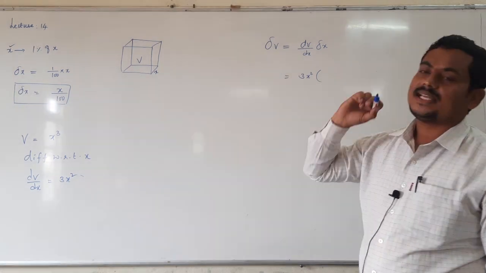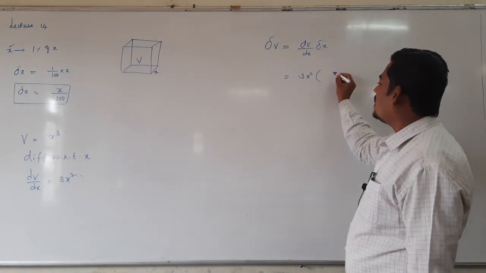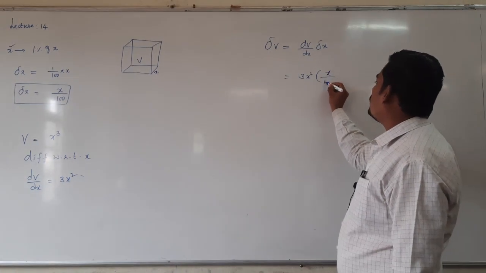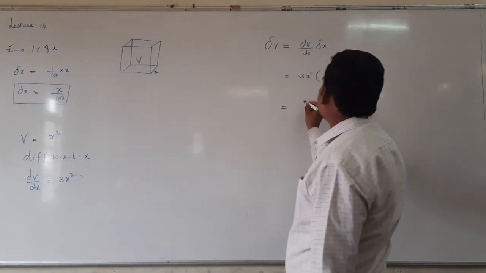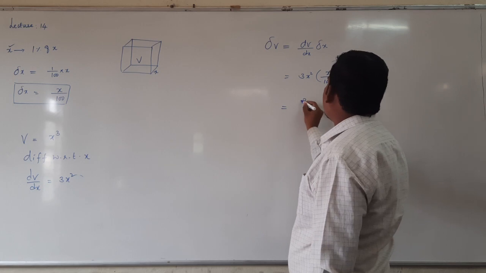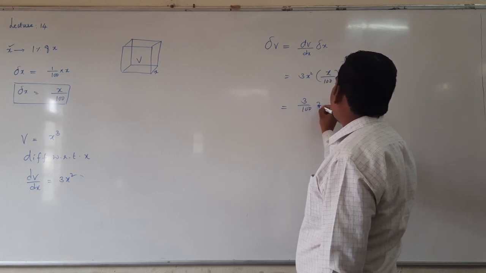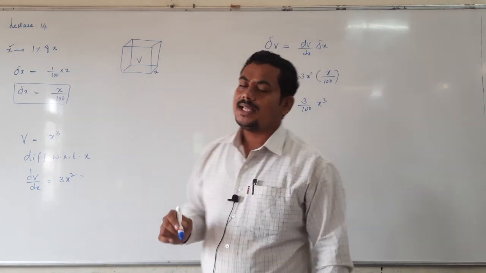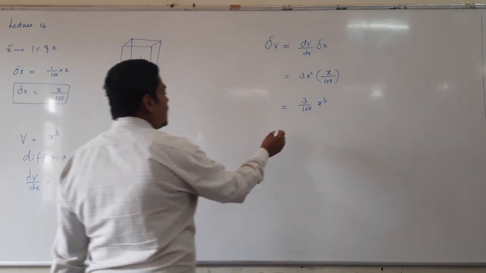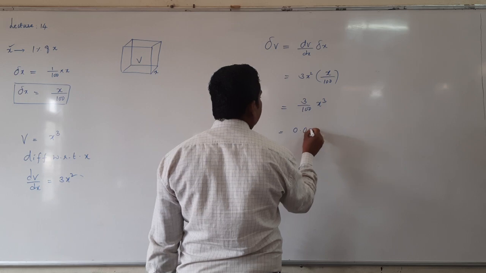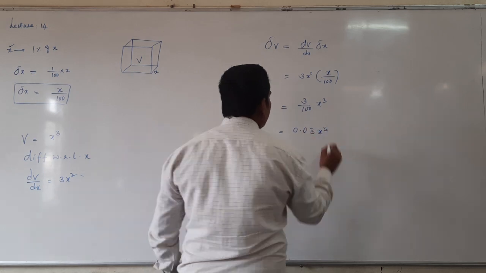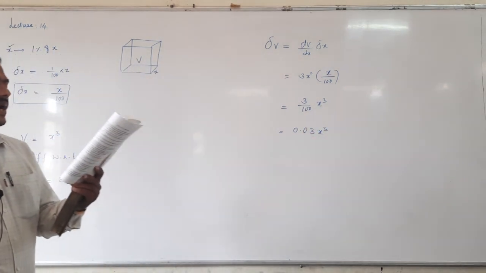Delta x is the change in x, that is x divided by 100. That's equal to 3 divided by 100 into x cube. Initially volume is x cube. After some time it will be 0.03 times x cube. What is the unit for volume?